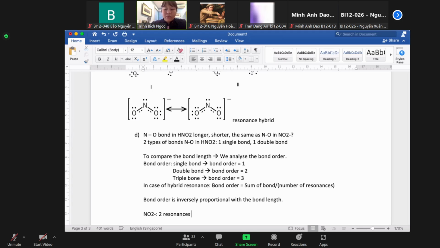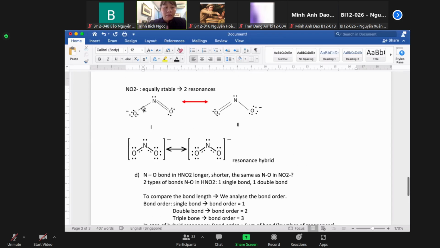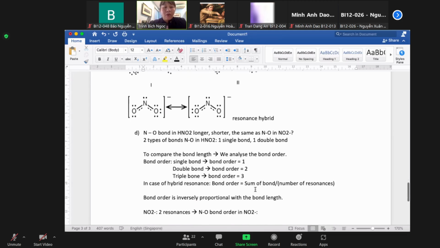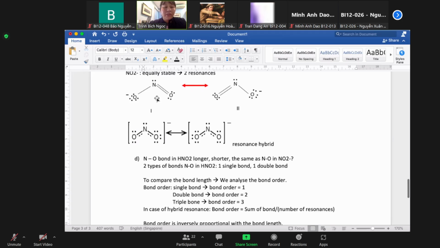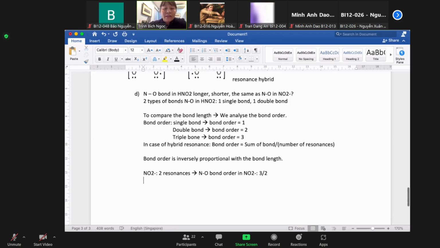Okay, so the bond order, NO bond order in this case will be NO2 minus will be tổng của các bậc liên kết chia cho mấy ạ? Chia cho 2, ta sẽ có sao ạ? Có 1 single bond, một double bond chia 2 sẽ là gì ạ? 3 divided by 2.